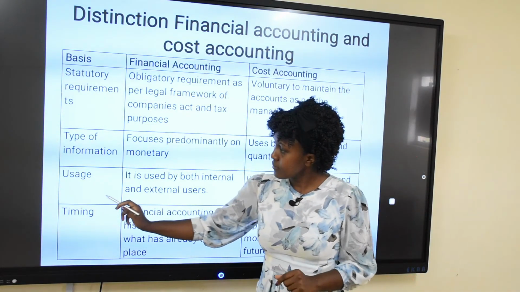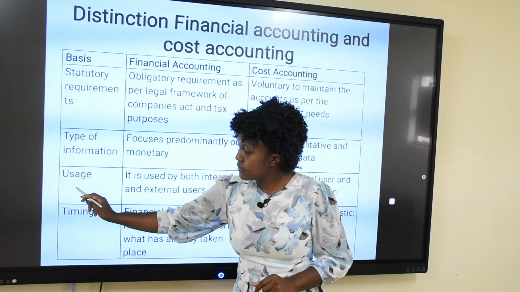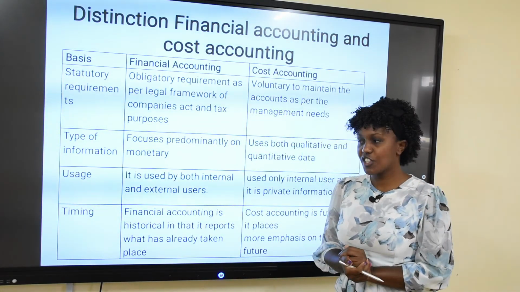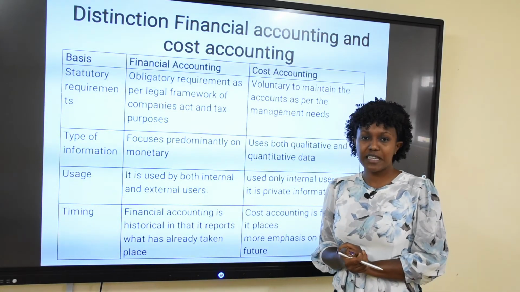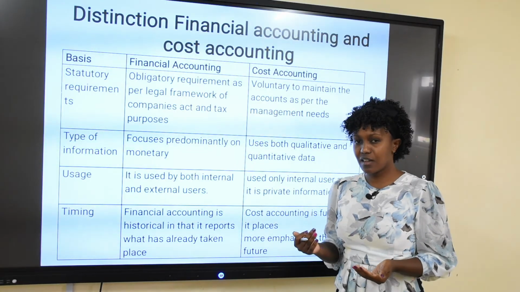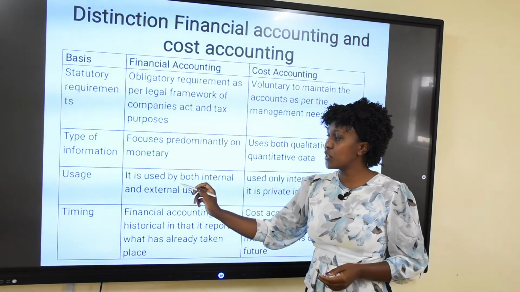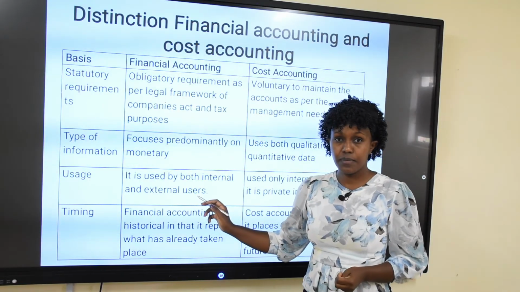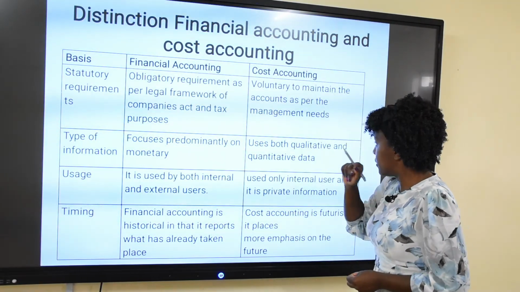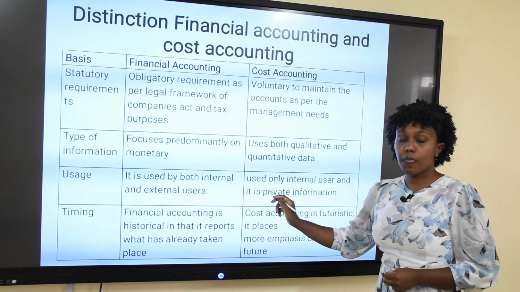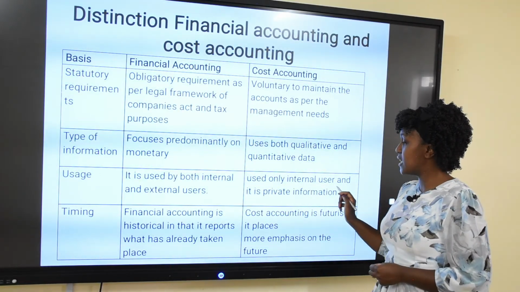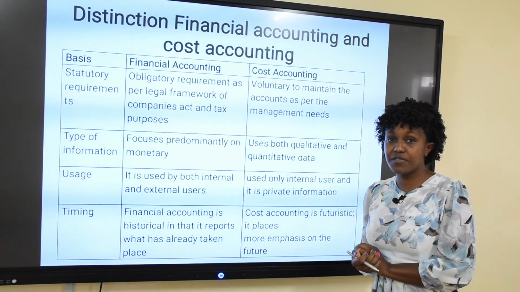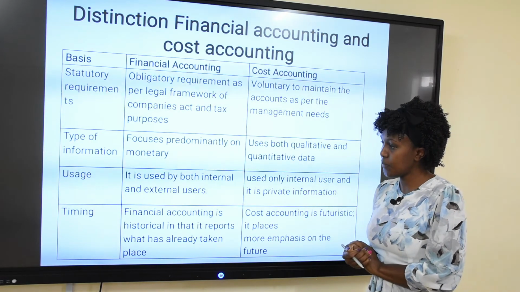So, the next differentiation is on usage. Who uses or who requires the information? I've already mentioned that in financial accounting, the information is for both internal and external users. But for cost accounting, the information is majorly for internal users because this is private information.